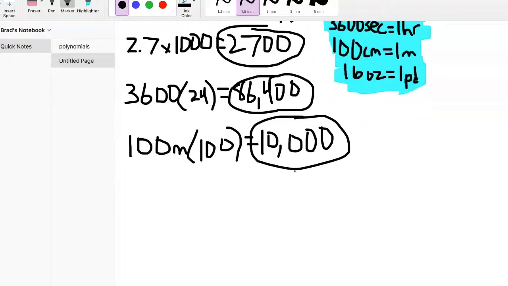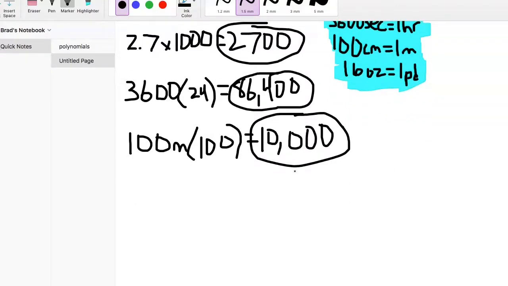Okay, so in our last one, we have a baby who weighs 144 ounces. Okay, and then they want to know how many pounds and how many ounces this is. Usually when a little kid's born, they say it weighs 7 pounds, 8 ounces, or something like that. They don't just say ounces.